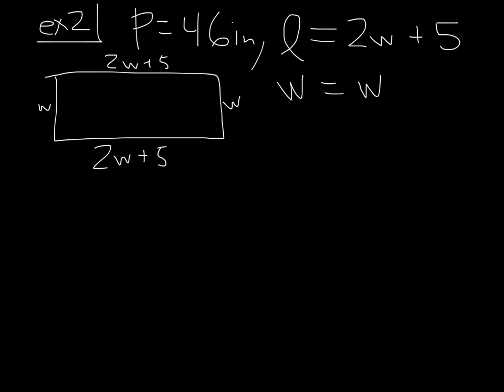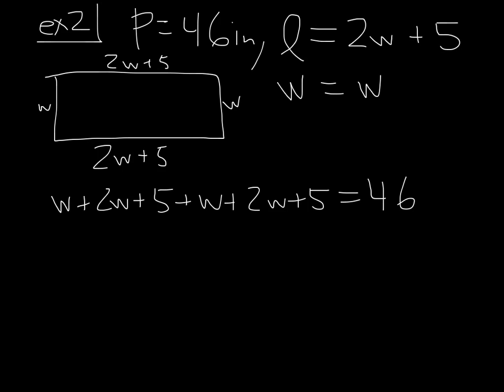And you can use this with distribution if you want, but really you have W plus 2W plus 5 plus W plus 2W plus 5 equals 46. And then combine like terms. I get 6W. I'll use squiggly lines for plus 5 plus 5.